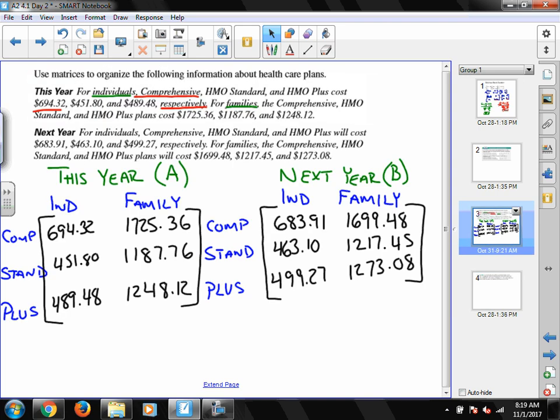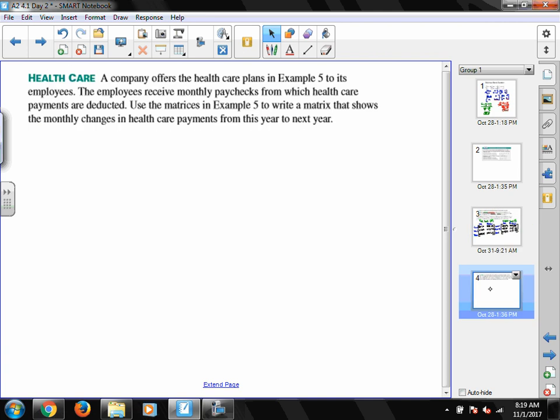So we're going to take these two matrices again, and these tell you how much it costs for the entire year. This isn't your monthly plan. If you're paying these monthly, then you know that yearly amount becomes a lot better. So if I want to find the monthly amount, I need to divide all of those numbers by 12, which is the same thing as multiplying by 1/12.